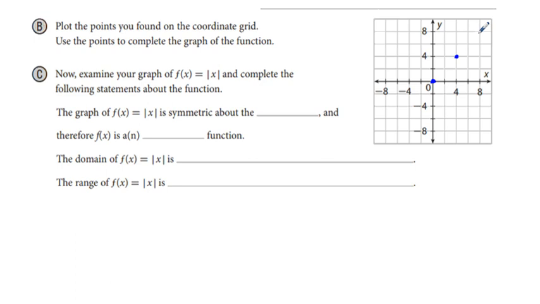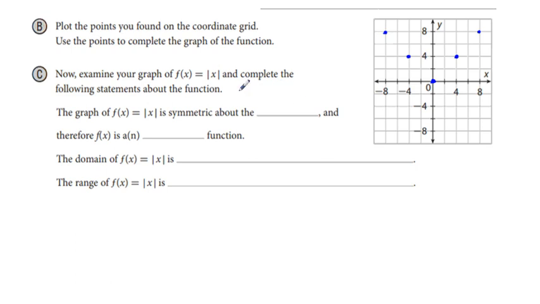So here we are. And then where x is negative, we have negative 4, 4, and negative 8, 8. So we are at or above the x-axis for this parent function.